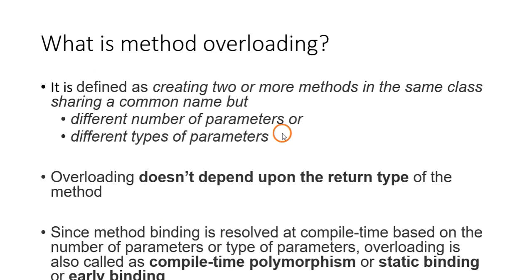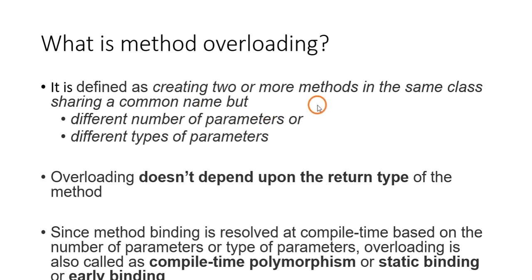Right. So, what is method overloading? Please focus here. How is method overloading defined? It is defined as creating two or more methods in the same class which share a common name.